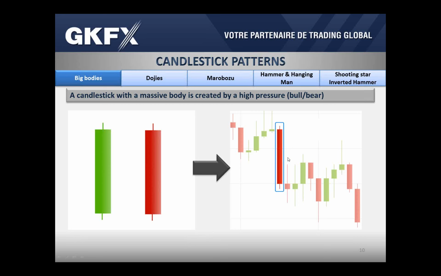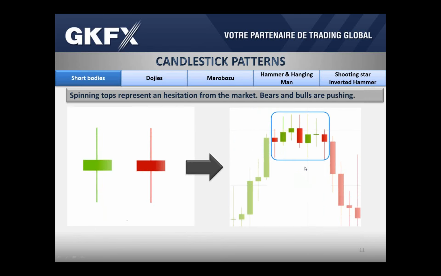In this example, on the left of the slide, you can see screenshots. This is an example of a massive bearish body, a massive bearish candlestick. As you can see, I would say that this candlestick is dragging down the exchange rate.